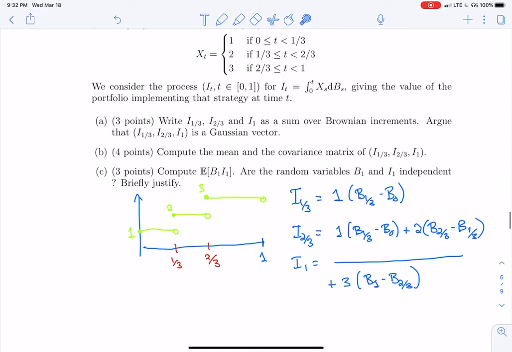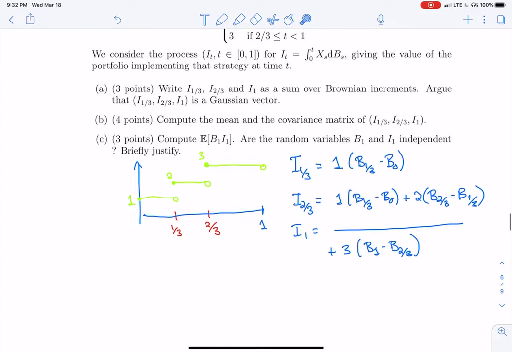The question is to say, so I wrote this as a sum of Brownian increments, and argued that these 3 is a Gaussian vector. So it's clear that it's a Gaussian vector because B 1/3, B0, and B 2/3, and B1, they form a Gaussian vector. And what I have is a linear transformation of these vectors.